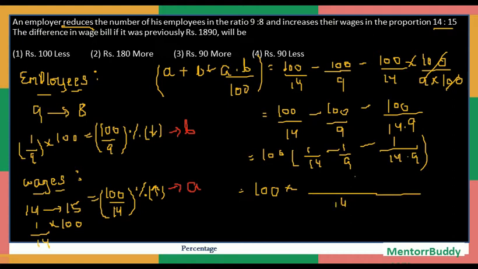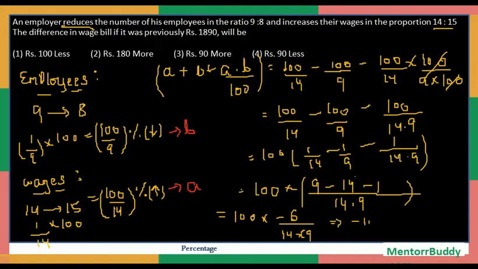So on top it will become 9 minus 14 minus 1. This will become 100 into minus 6 upon 14 into 9. Solving this further, this can be written as minus 100 by 21. So overall we can see there's a decrement of 100 by 21%.